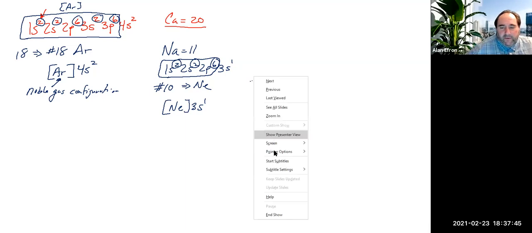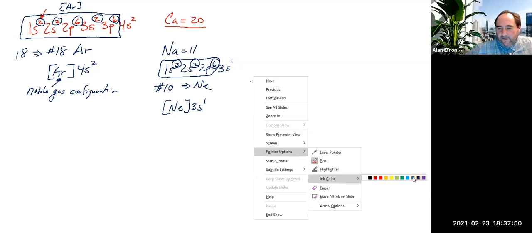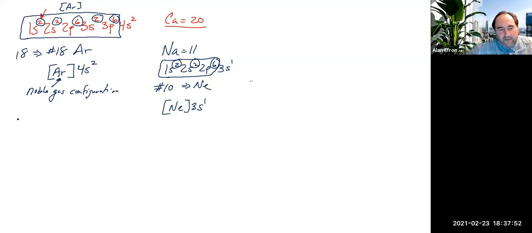So while we have these up here, why don't we do this question? What are the 4 quantum numbers for, why not, let's do the 17th electron in calcium.